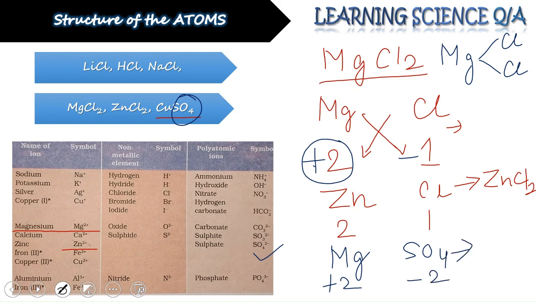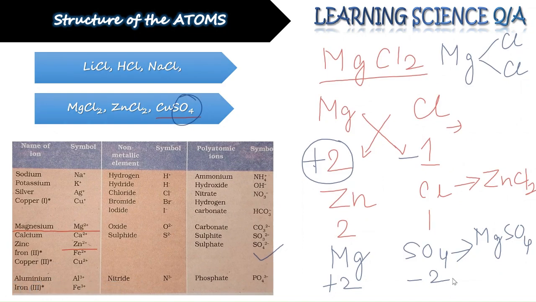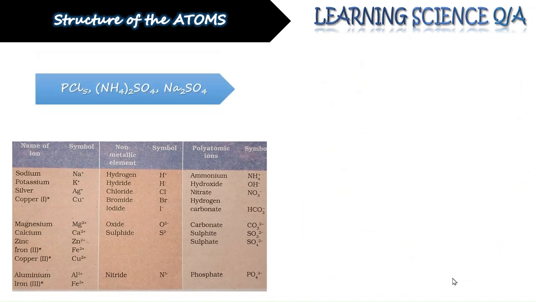Now in this case, the 2 electrons lost or donated by magnesium will be taken by one sulfate ion, and our compound becomes MgSO4. So always remember, the number of electrons donated as well as the number of electrons taken or accepted must be in balance. Let's look at some more examples.